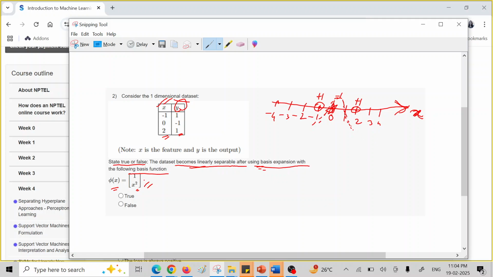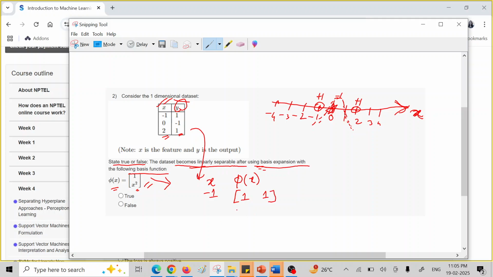After doing this basis expansion, the same data will be represented as follows. The basis expansion function is phi of x. When the data point is -1, the basis expansion is 1 and x square, so it will be 1, and -1 whole square will be 1 again.